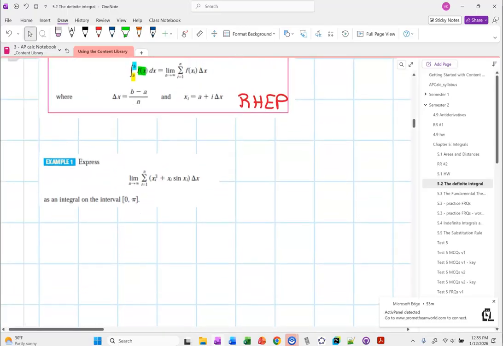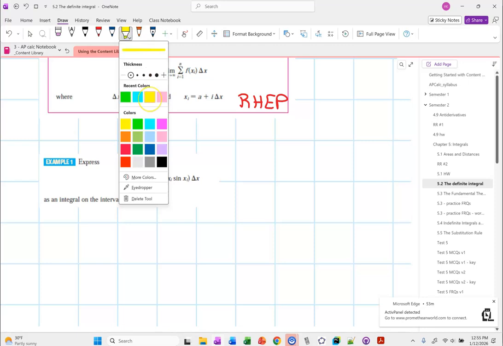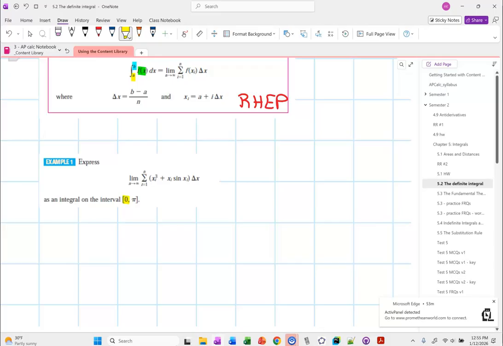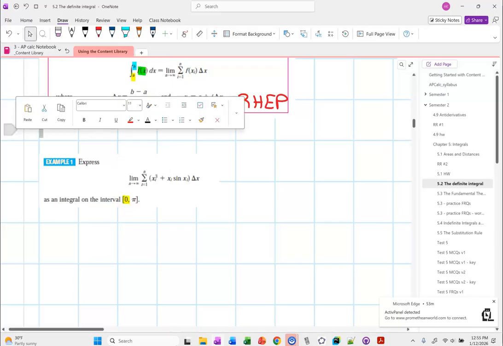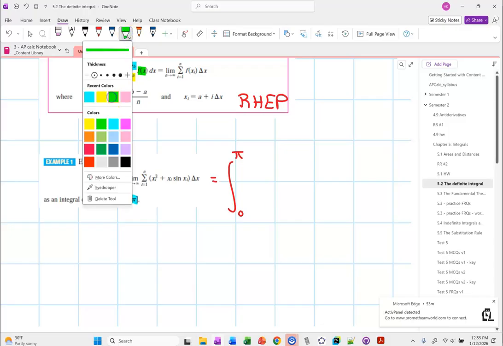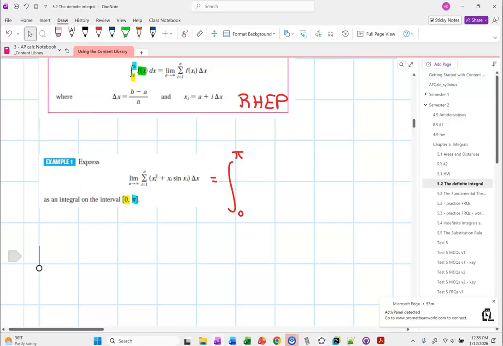So let's look down here. A and b should be easy. What are a and b going to be? 0 and pi. Okay. So let's figure out f of x now. So this part must be my f of xi, right?